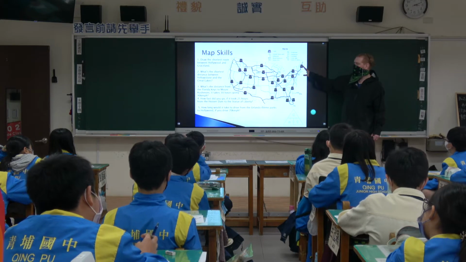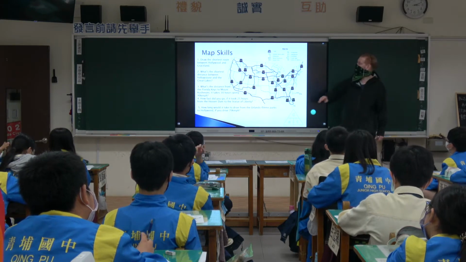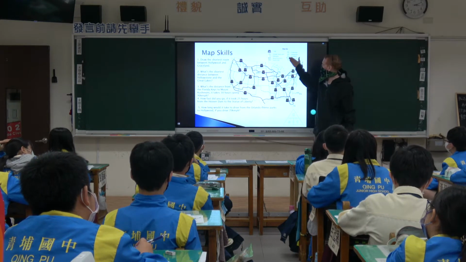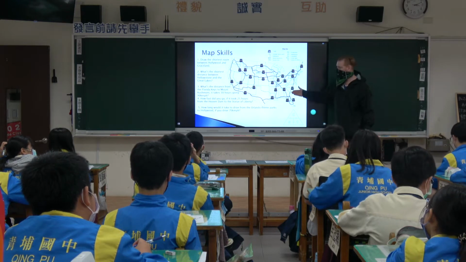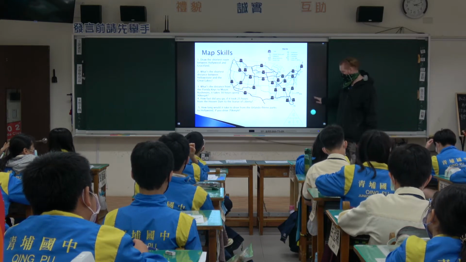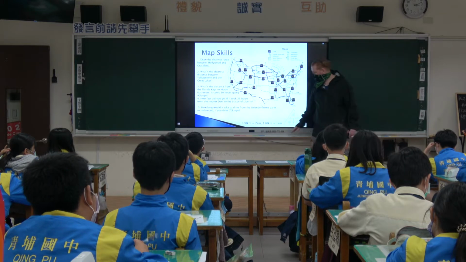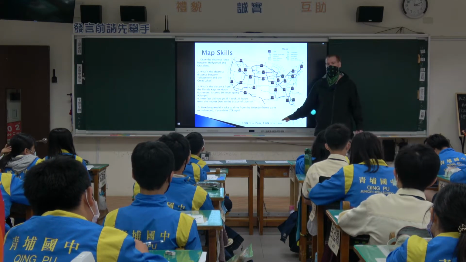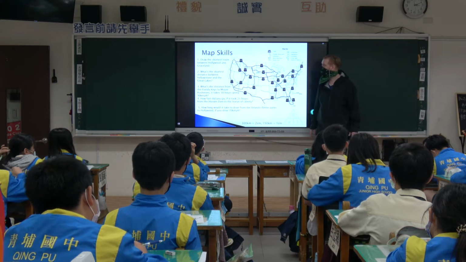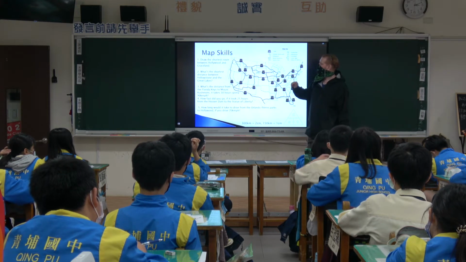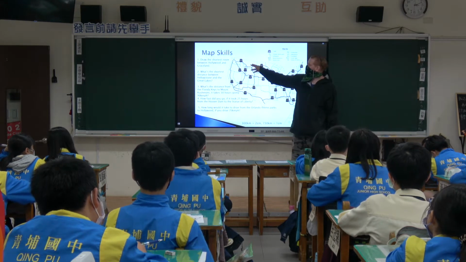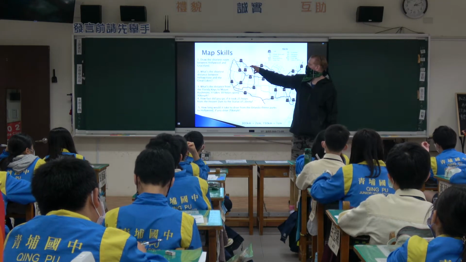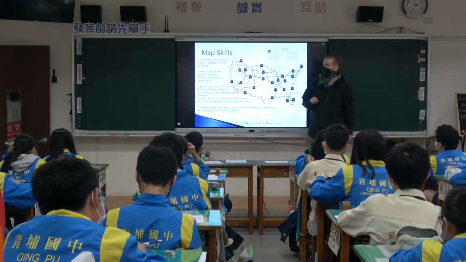So on the map, first thing you do, look at your map key. Look at your map scale. The map scale, 150 kilometers is 1 centimeter. So number one, draw the shortest route between Hollywood and Graceland.